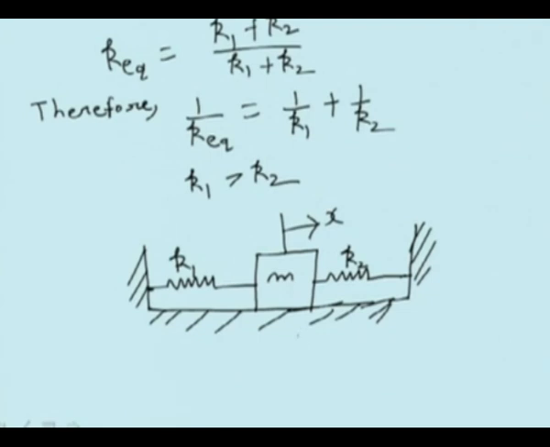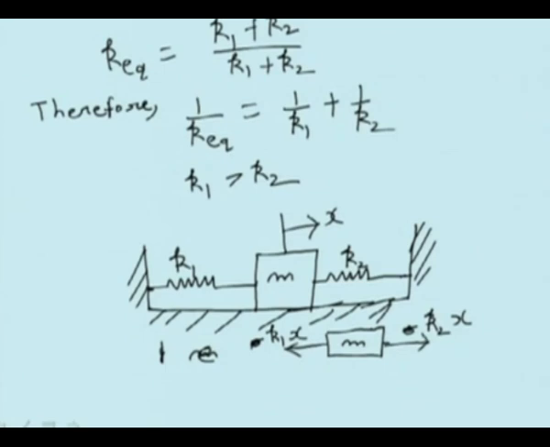Now if this mass is displaced by some distance, let us make the free body diagram. This is m, this is minus k1 x, because suppose this spring gets stretched by x, the other spring gets compressed by x, so this becomes k2 x.